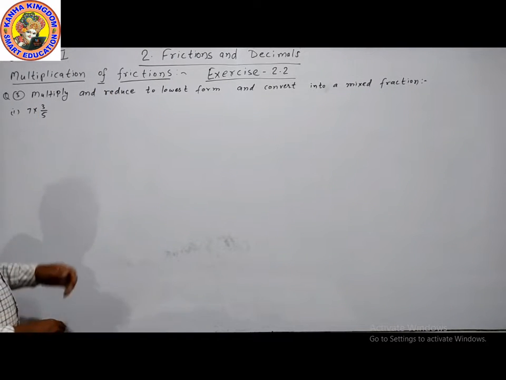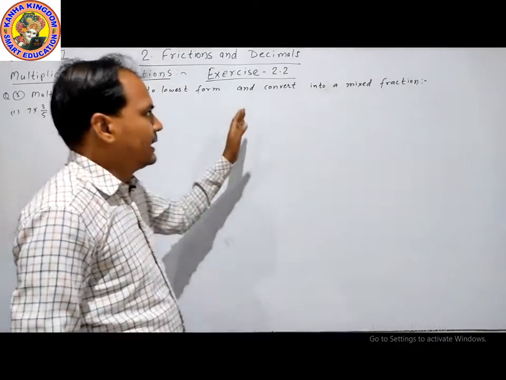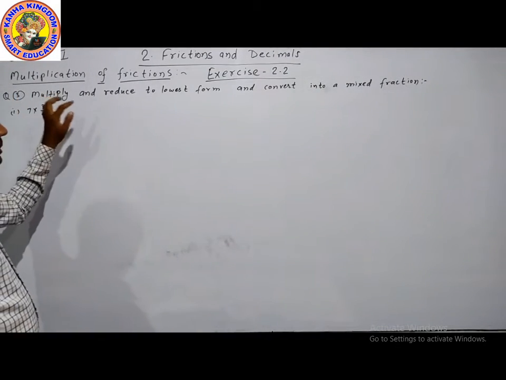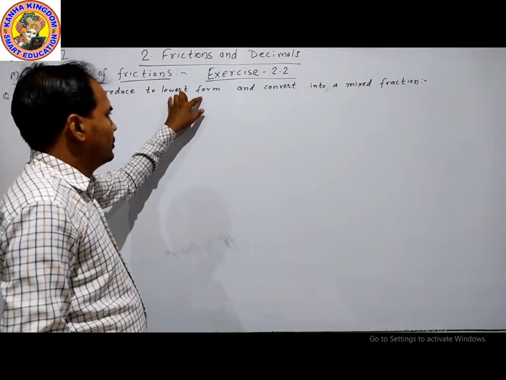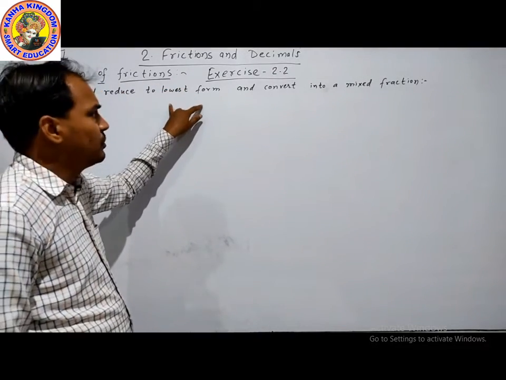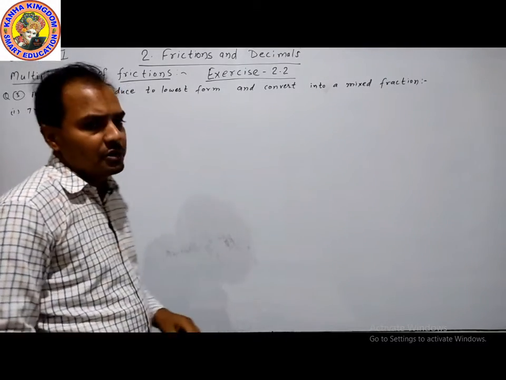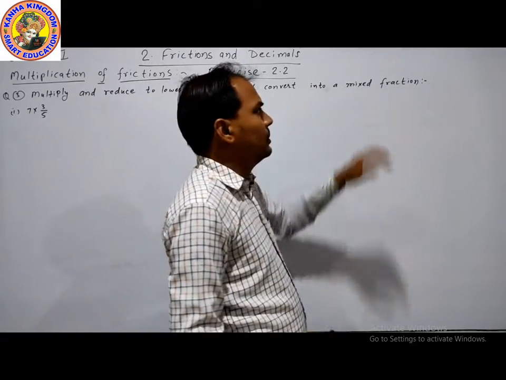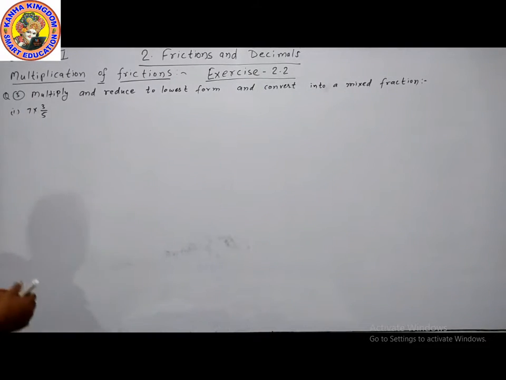Multiply and reduce to lowest form means we will multiply two numbers, then write down in lowest form, which means cutting out each other by a common factor, and convert into a mixed fraction number. This is our first question.